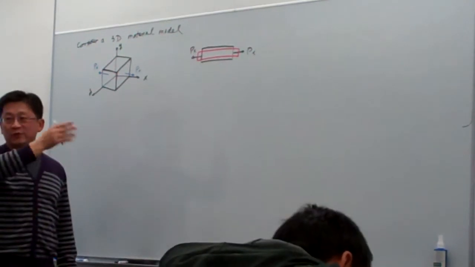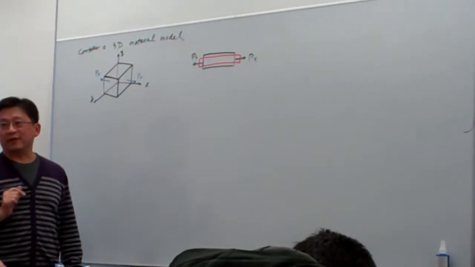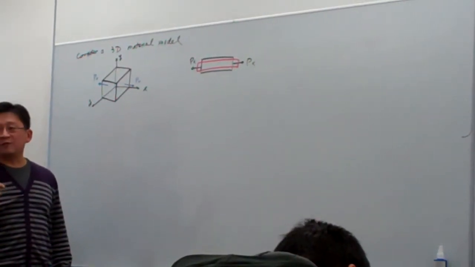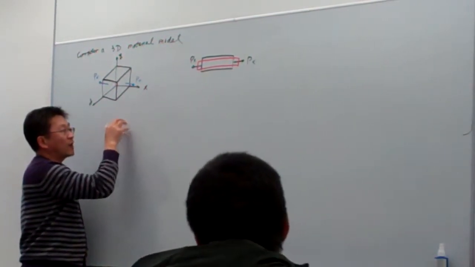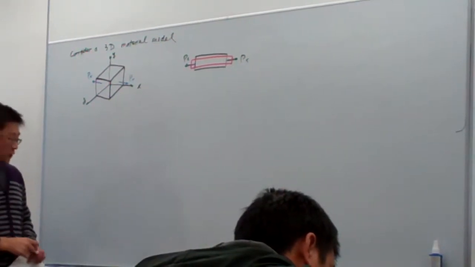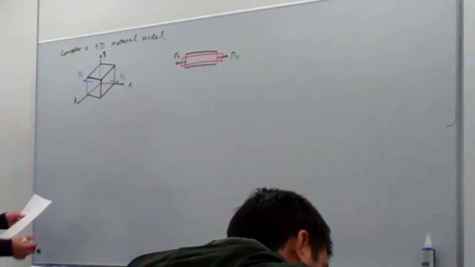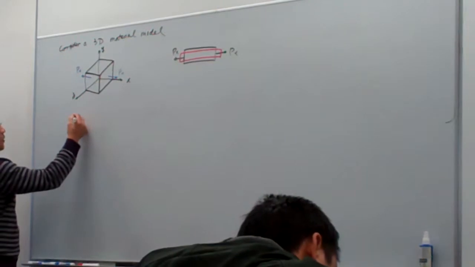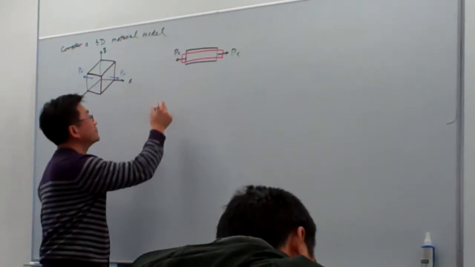Not only do we have an axial deformation, but also we have lateral deformations in the other two directions. So now I want to write down what each of those deformation quantities is.